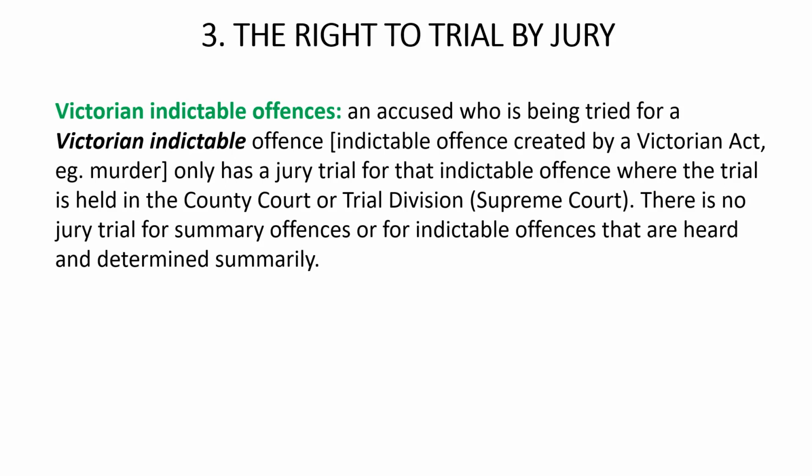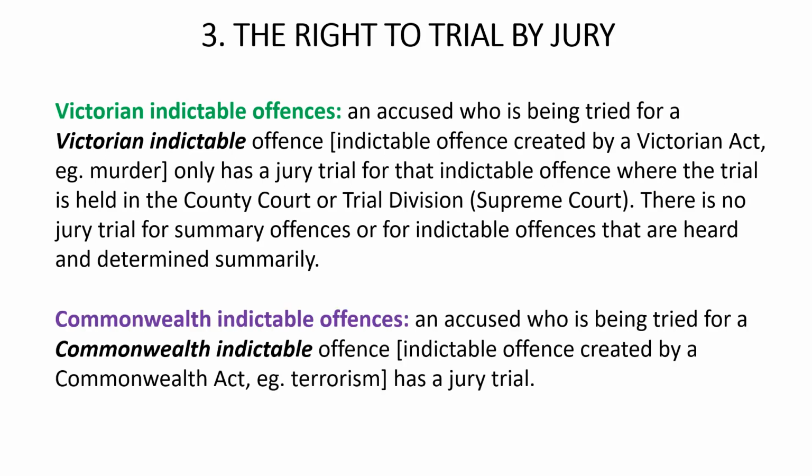However, there are also Commonwealth indictable offences, that is, offences created by Commonwealth legislation. Examples include importing drugs into Australia, committing acts of terrorism, or not paying income tax. If the offence is a Commonwealth indictable offence, then the source of the accused's right to trial by jury will be Section 80 of the Australian Constitution and not Section 217 of the Criminal Procedure Act.